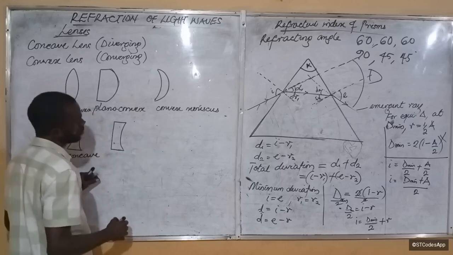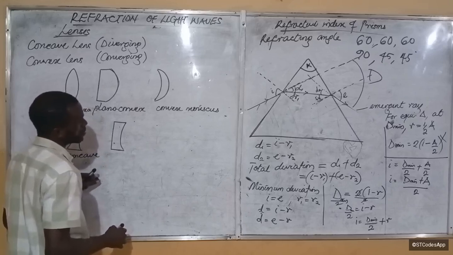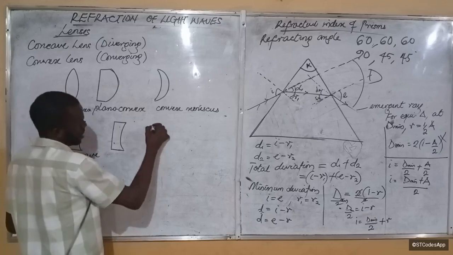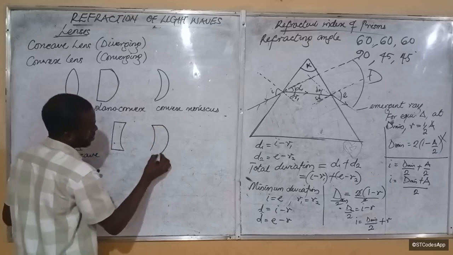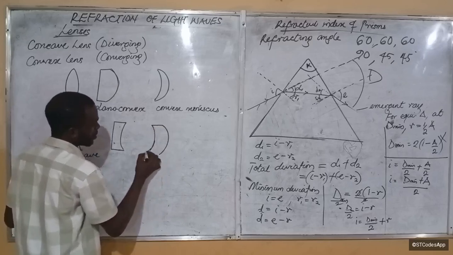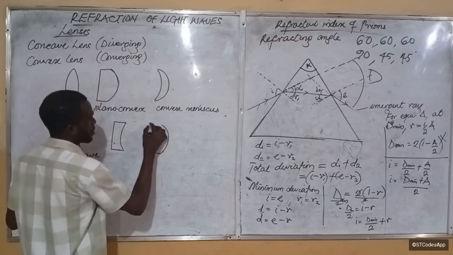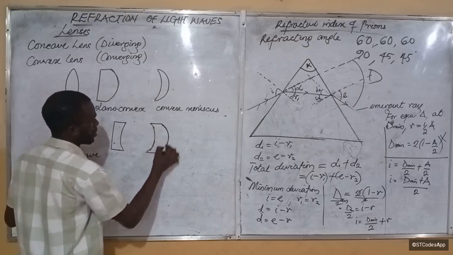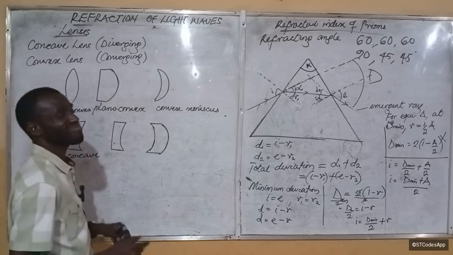Concave meniscus will now look something like this. This concave meniscus, like this. So this will be concave meniscus, something like this.